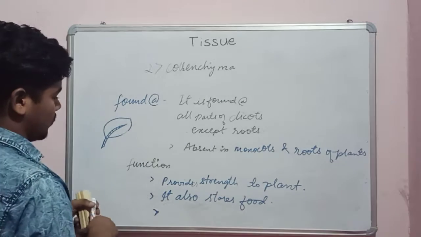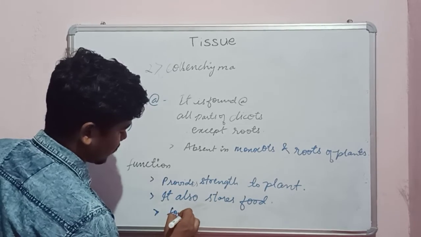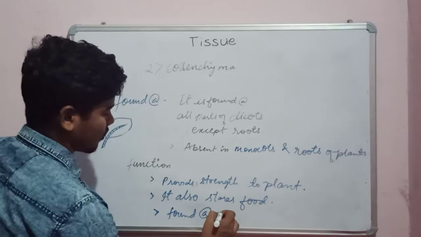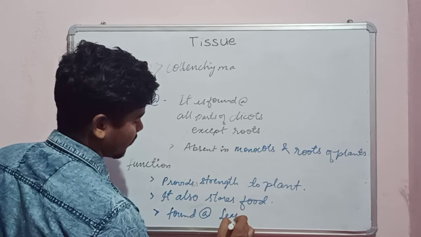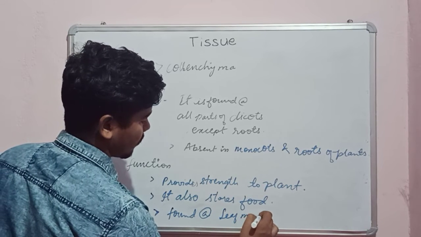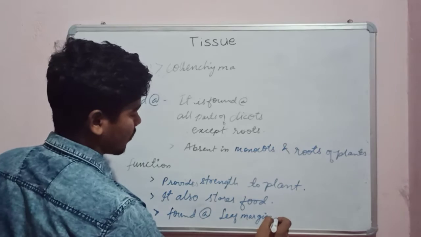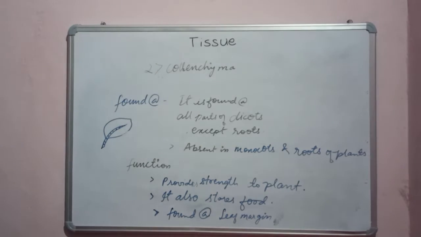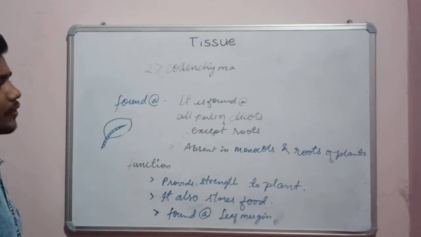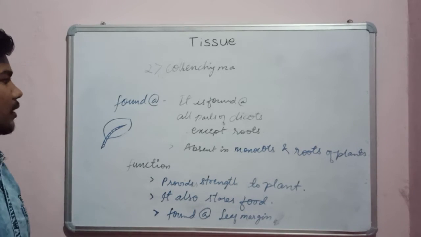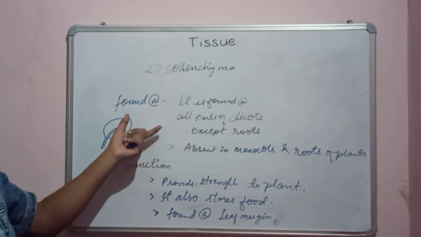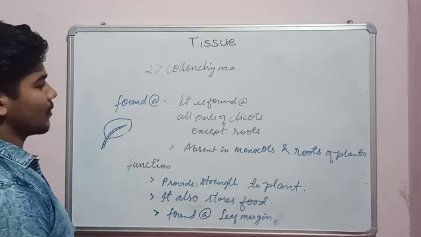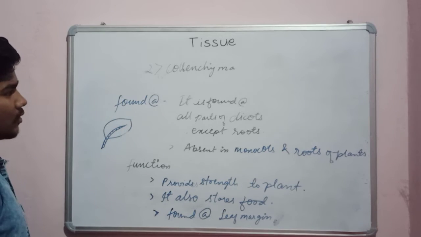So, found at leaf margin. So that's all for the collenchyma: its occurrence, its function, and previously I taught you what collenchyma is.